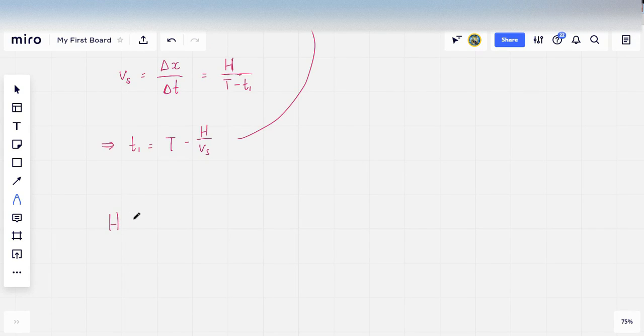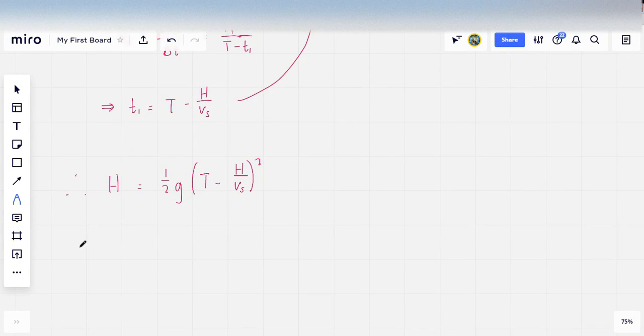So substituting, we get h is equal to a half times g times t1 squared, which we can write as T minus h over Vs, all squared, which we can rearrange, and we get g over 2 Vs squared times h squared minus g times T over Vs plus 1 times h plus a half g T squared is equal to 0.